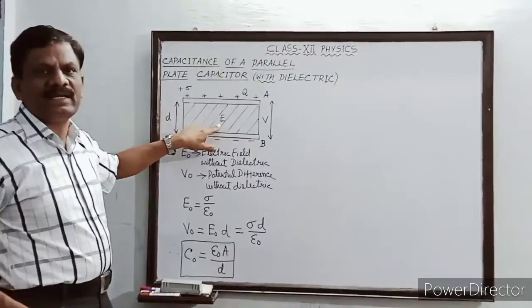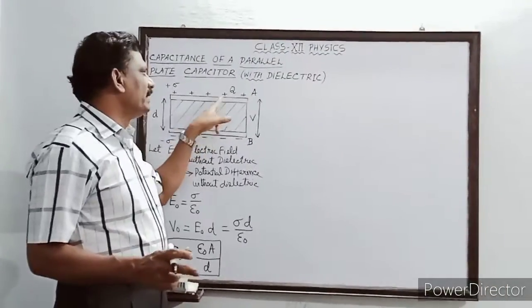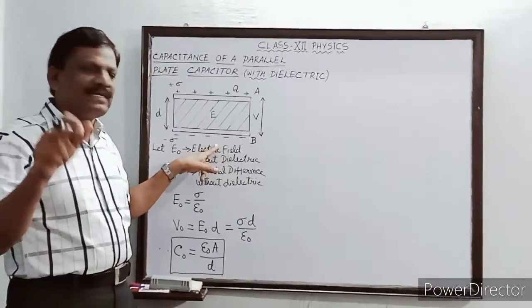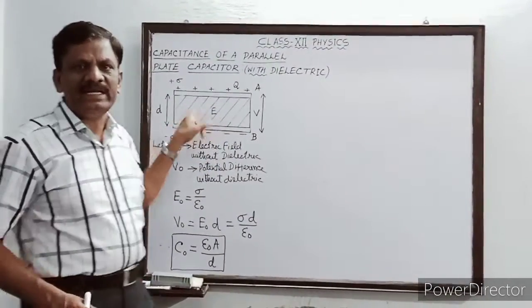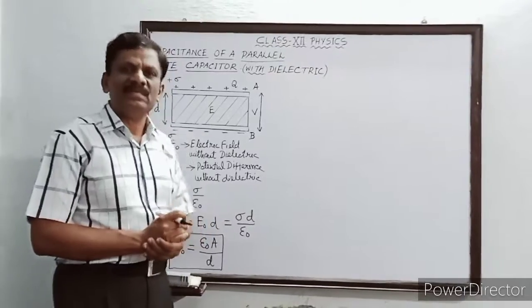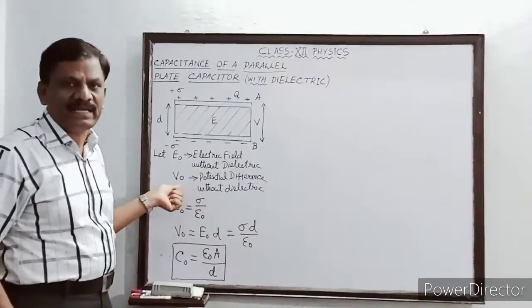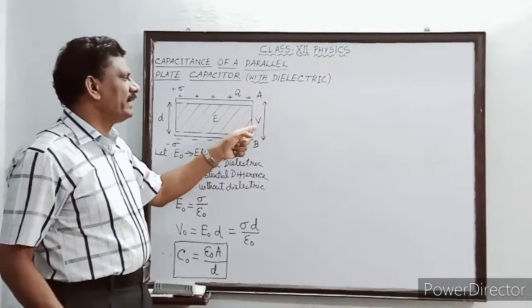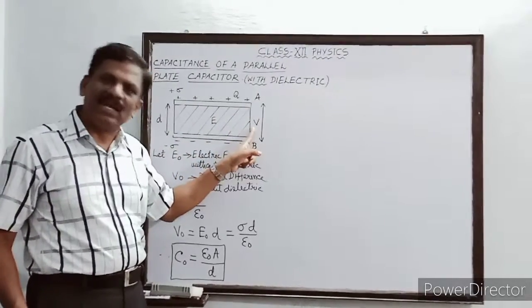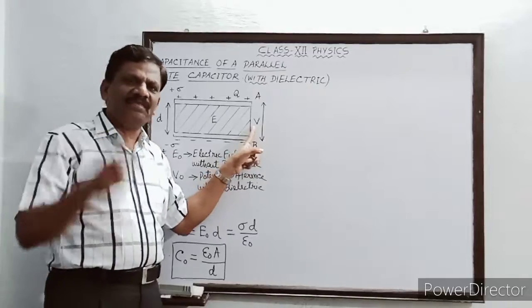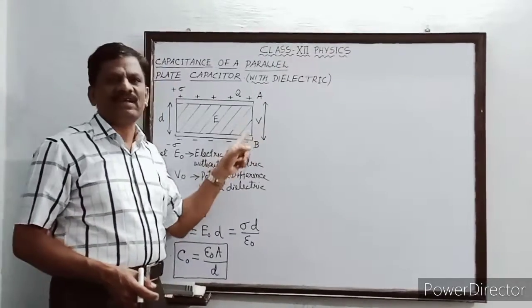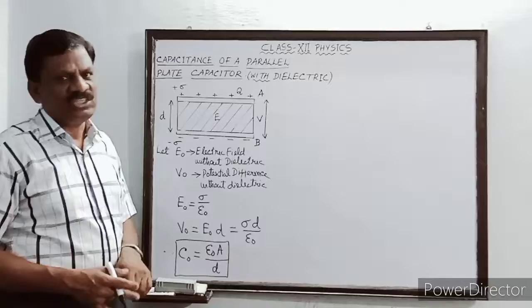E is the electric field between the two plates when a dielectric material is introduced between the plates. Similarly, the earlier potential difference was V naught before introducing the dielectric. Now after introducing the dielectric, the new potential difference will also change, because when the electric field changes, the potential difference between the two plates also changes.